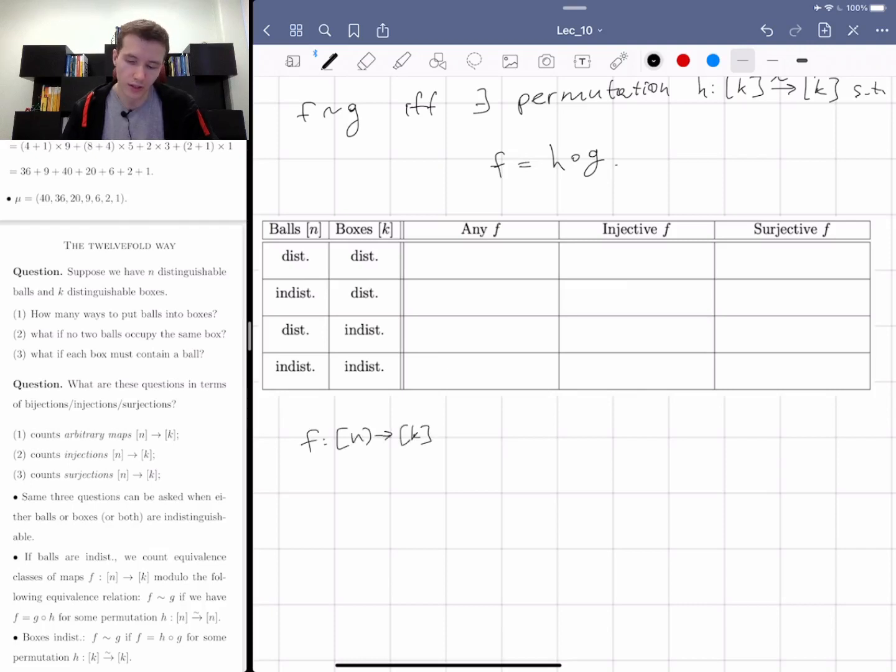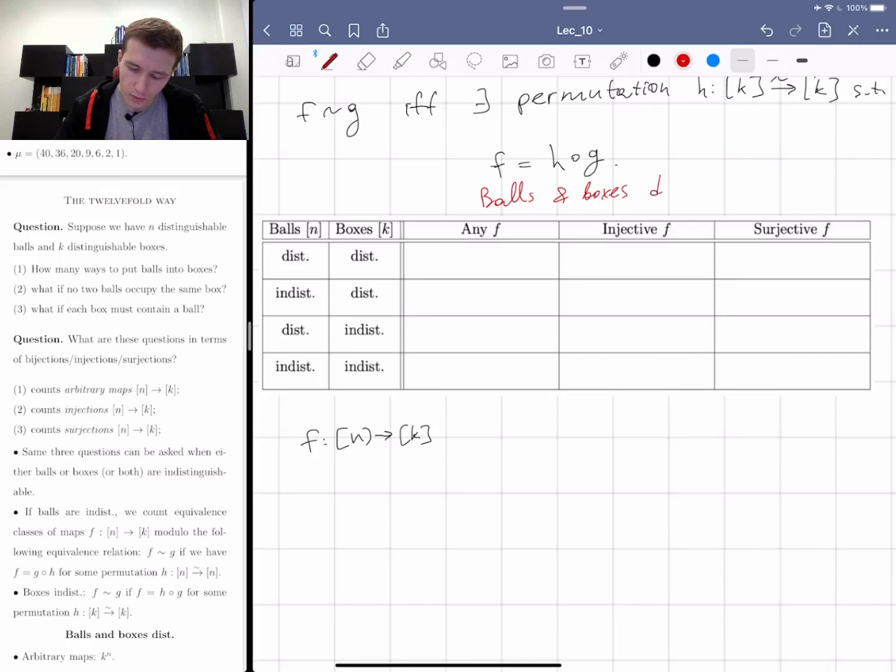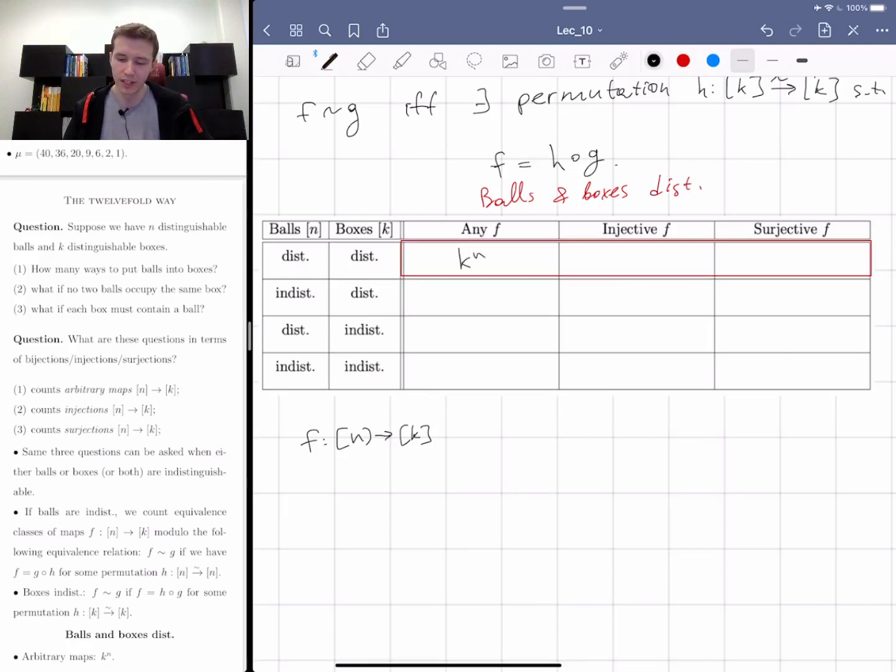And we already know that the number of those is what? Maybe I should write down balls and boxes distinguishable. So that's the first row of the table. The first row is the number of just arbitrary maps. It's k to the n, as in the previous lectures.